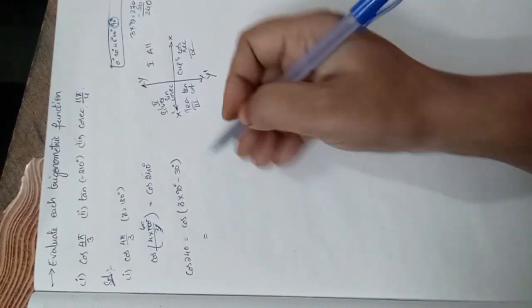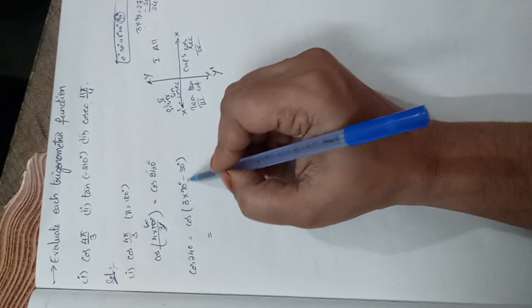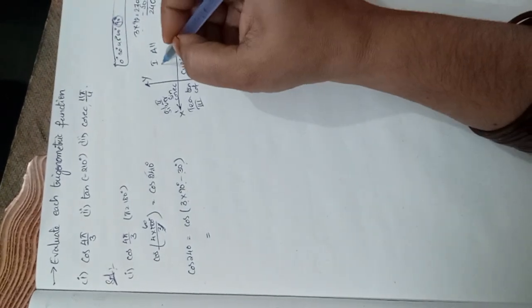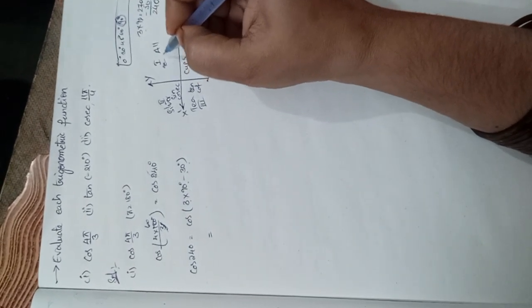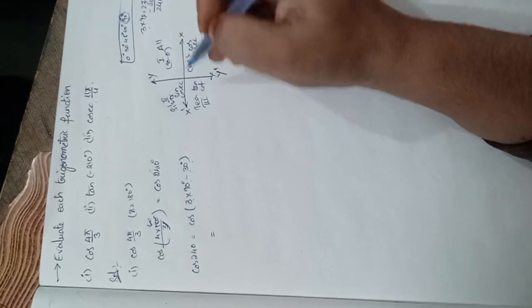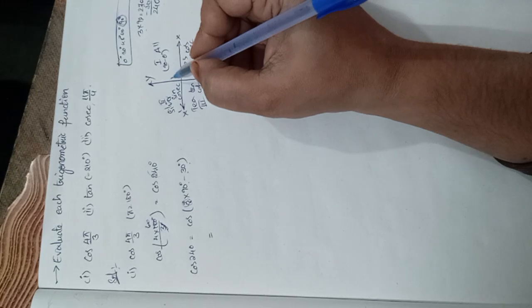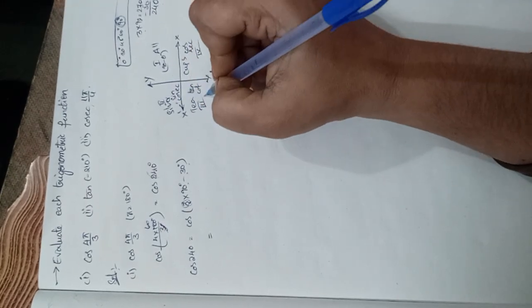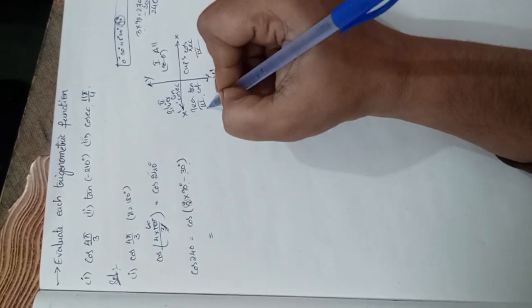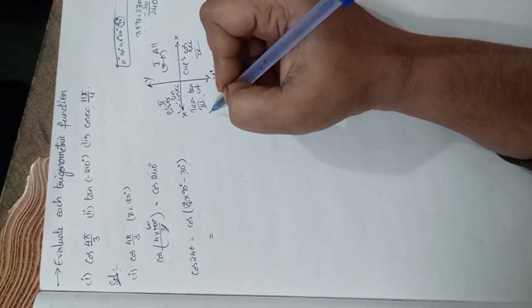So here we have 3 into 90 minus 30. This is 90 minus theta. But here 3 is there, so if you count 1, 2, 3, it comes under the third quadrant.